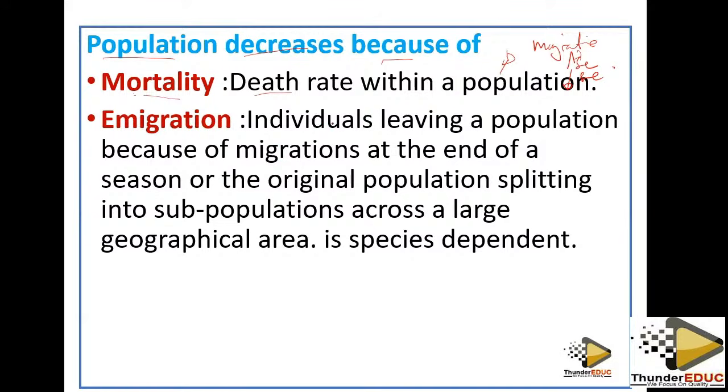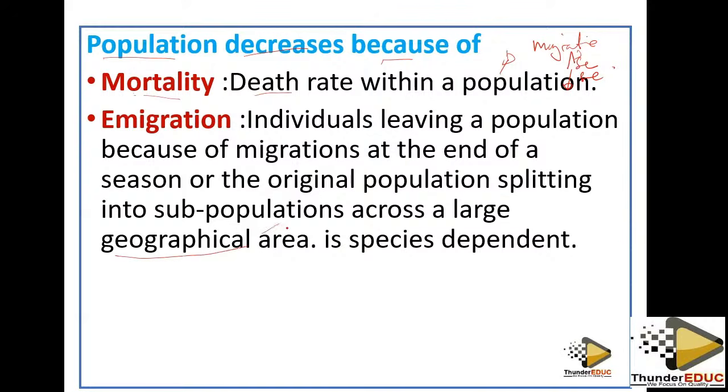So individuals leaving a population because of the migrations at the end of the season, or the original population split into subpopulations across a large geographical barrier. You'll study this when you go to grade 12.